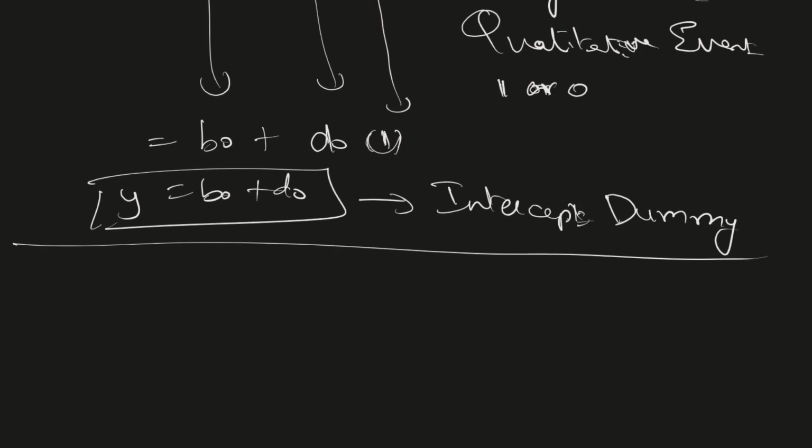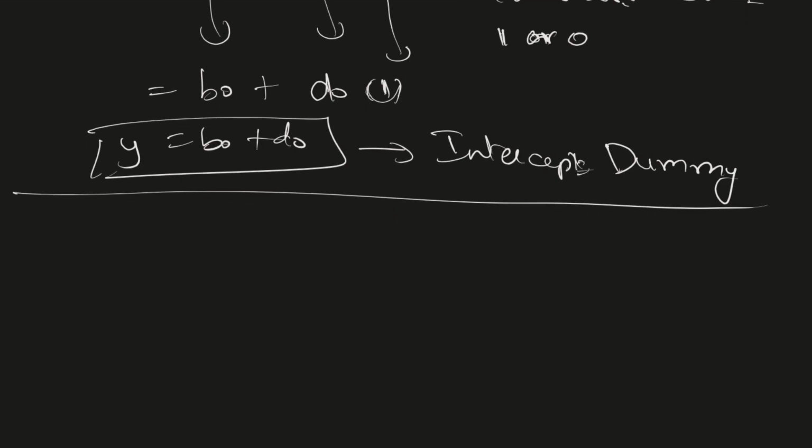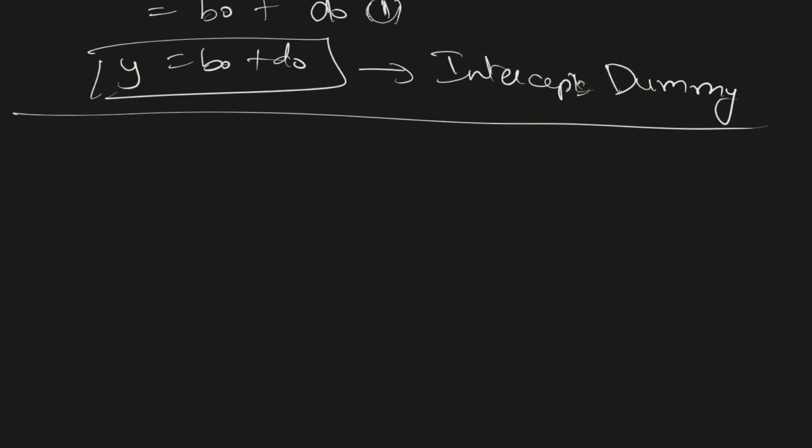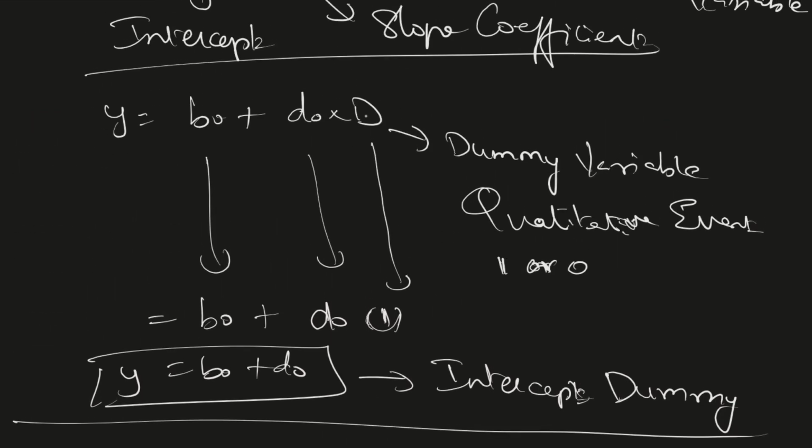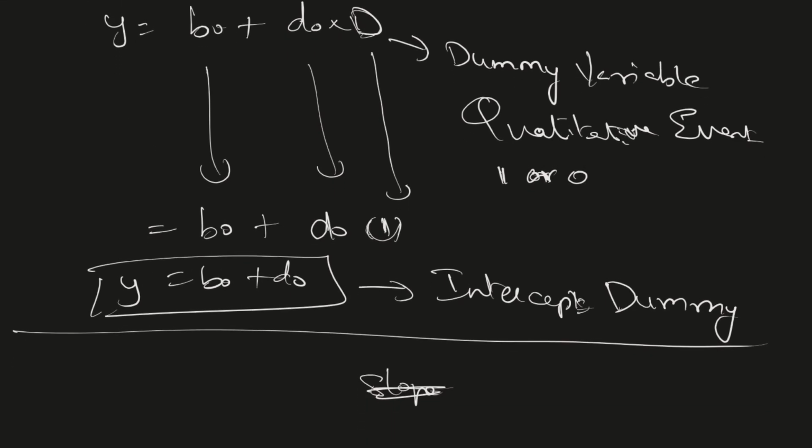Now similarly, there are other types also. Slope dummy, let's see. Before that, if this dummy variable is 0, let's see then what happens. If this dummy variable is 0, y is equal to b0 plus d0 into 0, using this equation.